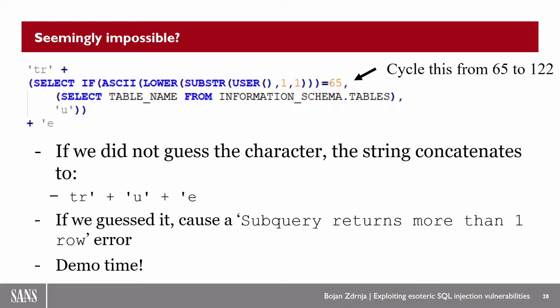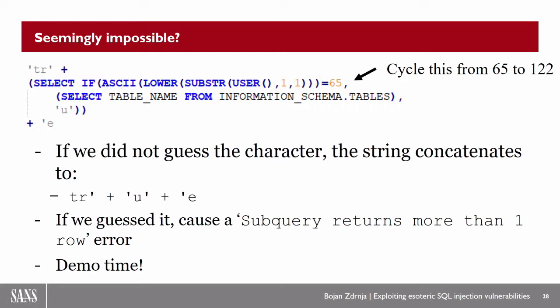So what I'm going to do here is create a subquery. See the subquery here? Let's see from the inner part what it does. Again, I'm taking the username's first character, 1 character, converting to lowercase, converting that to ASCII.